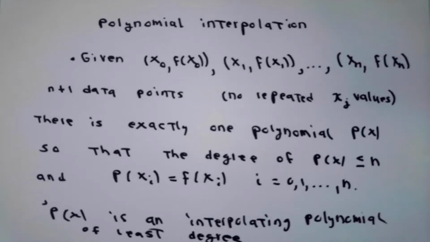We have determined that there's exactly one polynomial p of x, so that the degree of p of x is no more than n, and p evaluated at one of the x values from the data set gives the function value that corresponds to that x from the data set. We call this p of x the interpolating polynomial of smallest degree.